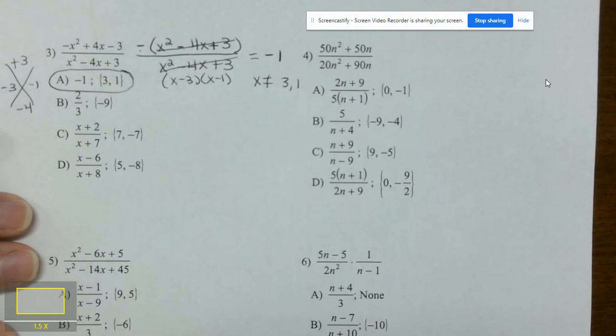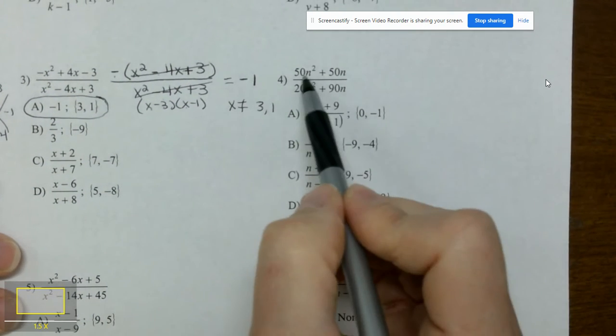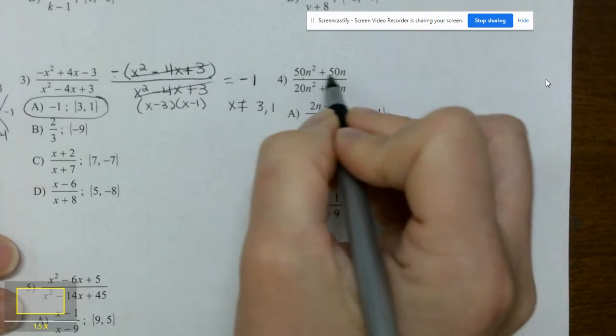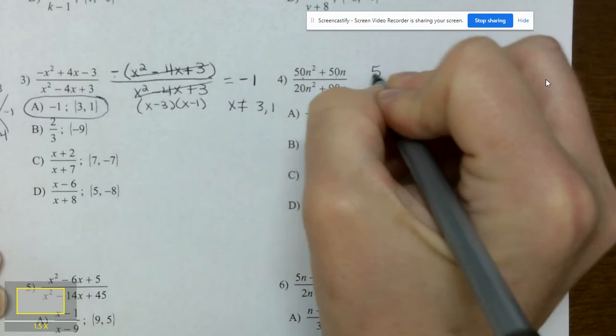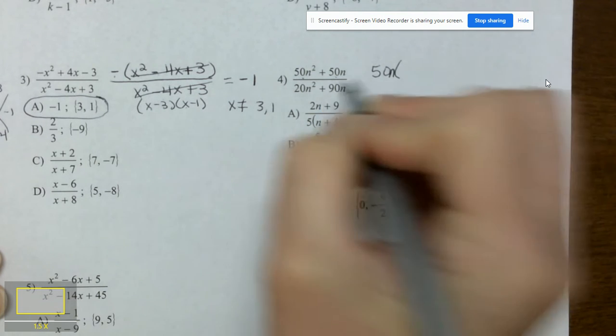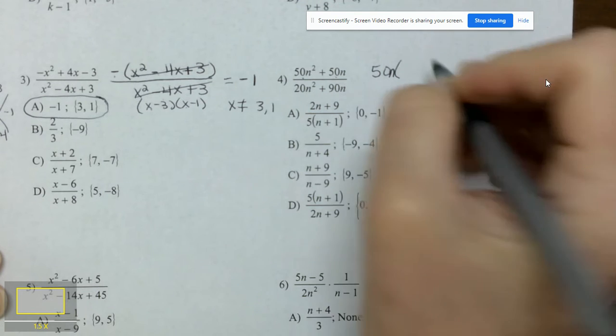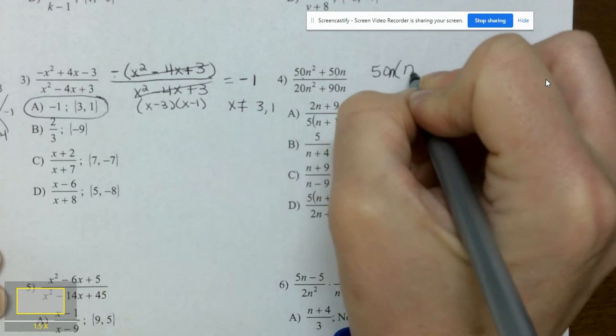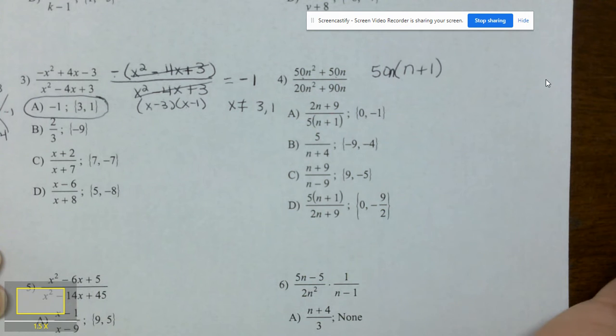Okay, for number 4, if we look at the top, it's a binomial, so we can take out a 50. Actually, a 50n. Let me put that in there. We can take out a 50n because there's an n in both places, which will leave us with n plus 1.